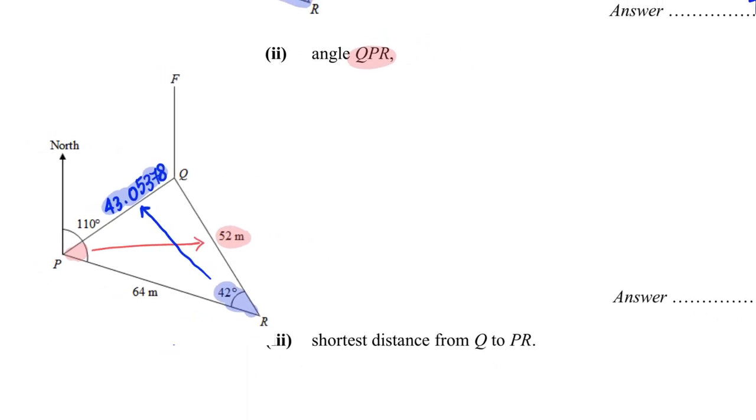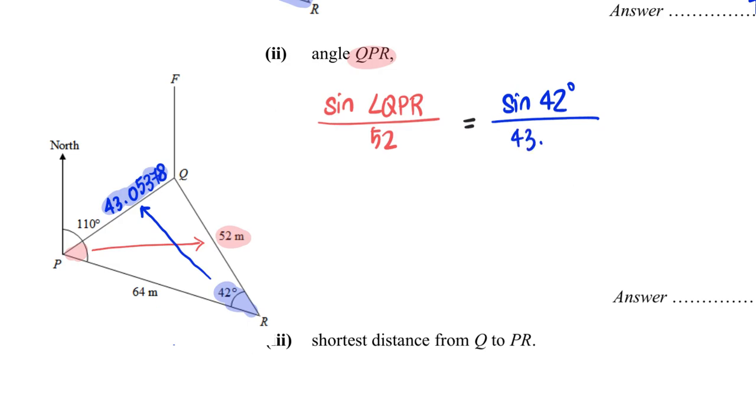So my sine rule will be: sine of angle QPR over 52 is equal to sine 42 degrees over 43.05378.